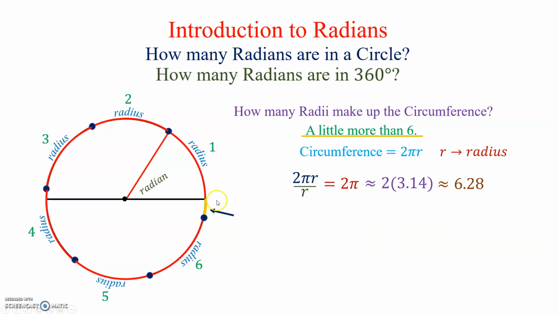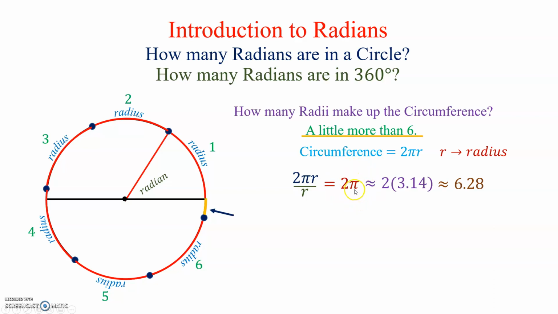Meaning this, when we looked at the circle, we could see that there were a little bit more than 6 radii. When we did the actual value and divided the circumference, 2 pi r, by r, we actually got an actual number, 6.28, which is a little more than 6, but it's exactly 2 pi.